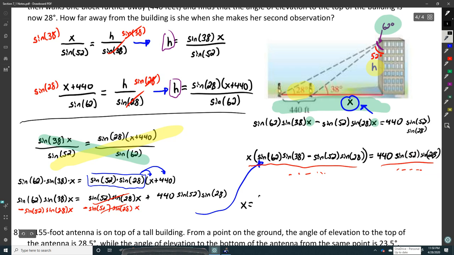X is equal to 440 sine of 52 sine of 28 over, and then you have all that stuff that we divided by: sine of 62 sine of 38 minus sine of 52 sine of 28.